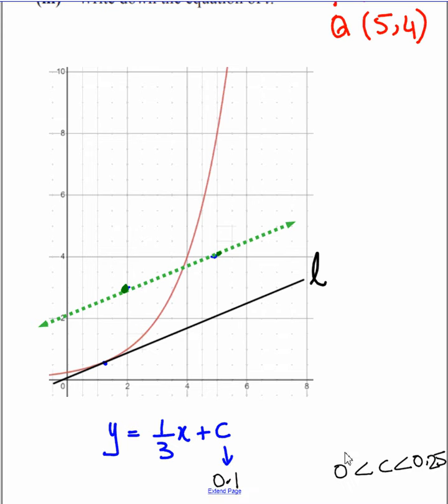Now this will be a bit different for different students, not very different. So I am taking C as 0.1 because to me this is passing through 0.1, very close, because you see 2 is here, 1 is here, this is 0.5. So to me this is 0.1. Marking key is accepting all the answers between 0 to 0.25.